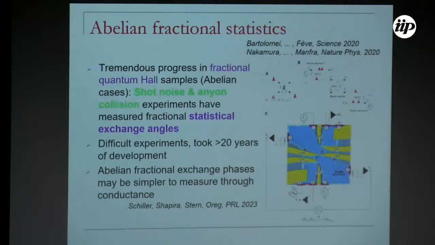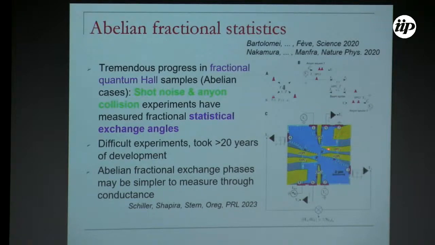And these were the first experiments that have shown the expected statistical exchange angles of anyons in the fractional quantum Hall effect at the nu equals 1/3 state. That's the simplest state, and the exchange angle is 2 pi over 3. And they saw this by doing shot noise and anyon collision experiments. So a typical sample is shown here.